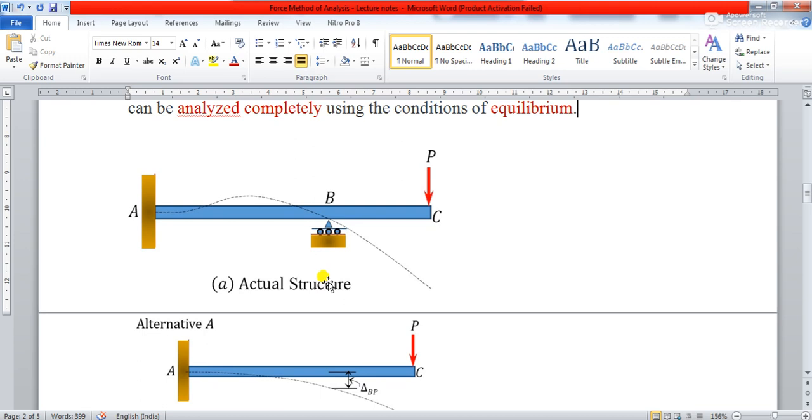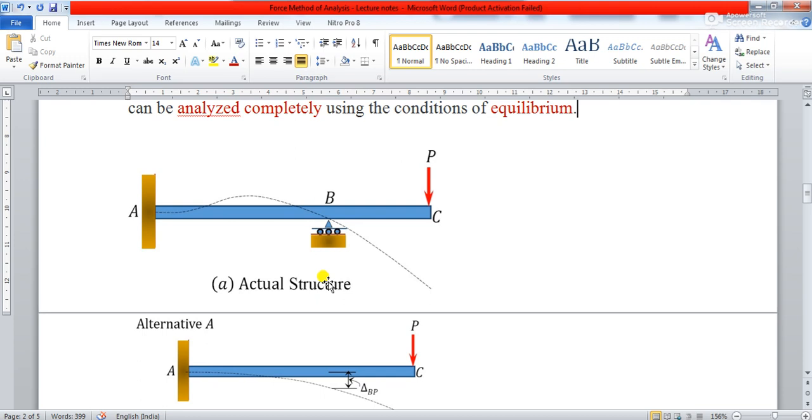So can you solve this structure using the equations of equilibrium or equations of statics? No, sir. 4 unknowns, 3 equations, so you cannot solve. So what do you require? You require one more equation, right? And that equation will be coming from the equation of compatibility using the force method.